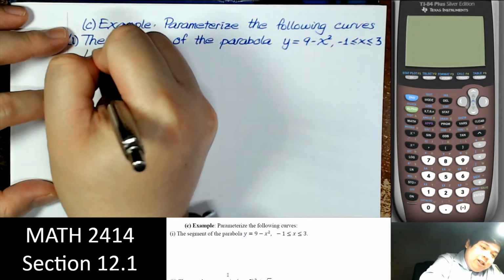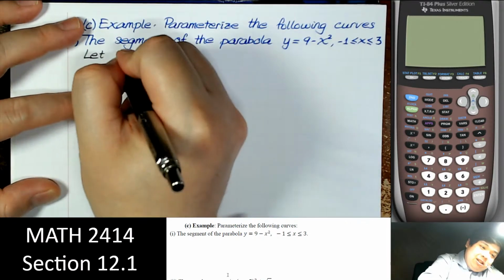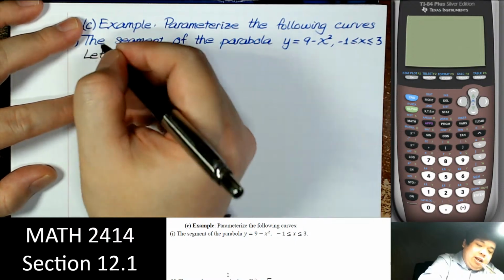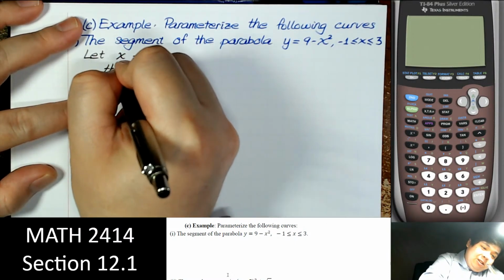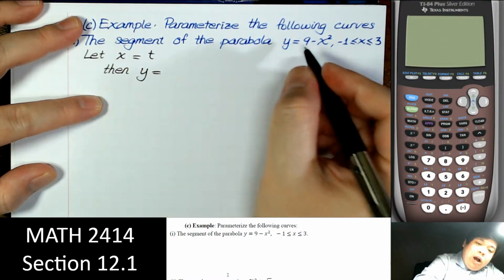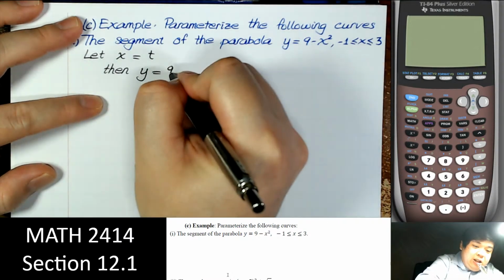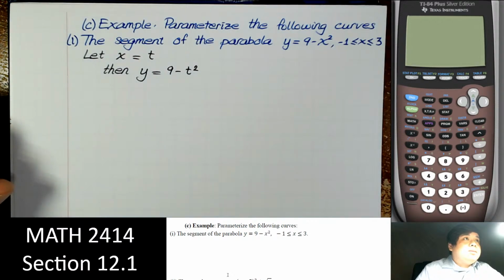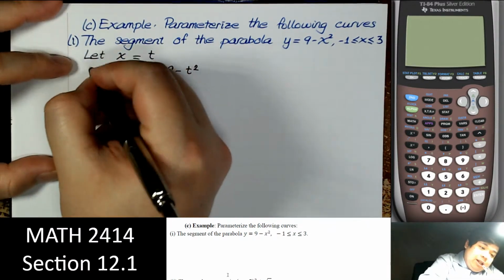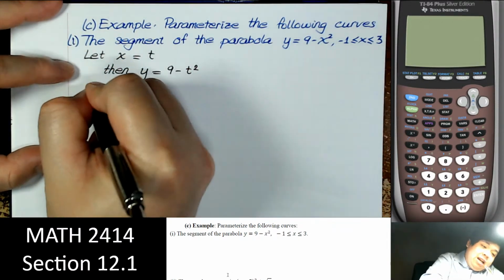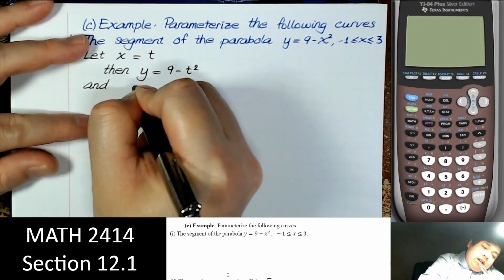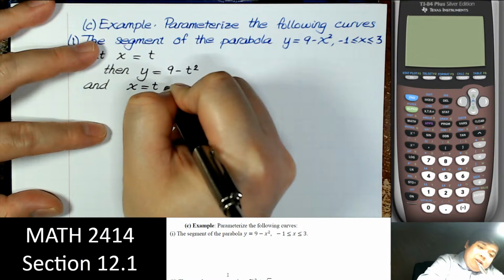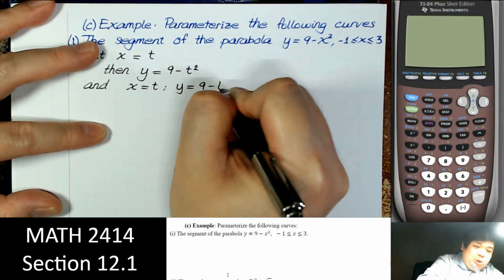So for this, let x be t, then y equal to 9 minus x squared is 9 minus t squared. That's easy, right? And then the parametric equation: x equal to t, y equal to 9 minus t squared.